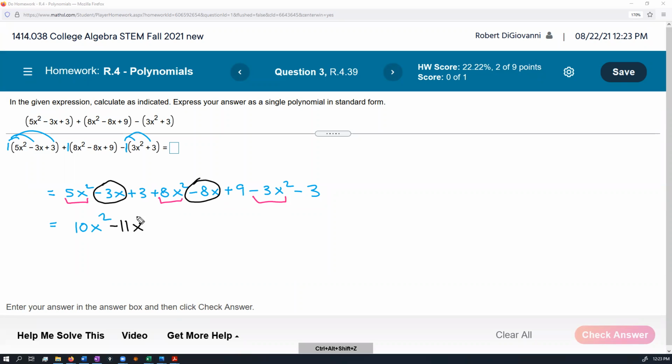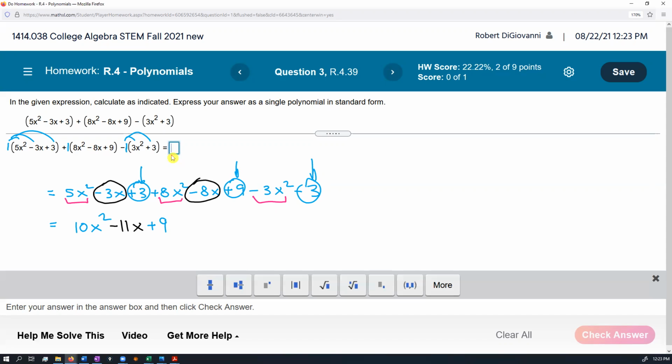And then finally, some numbers, I've got a 3 here, got a 9 here, and I would take away 3. So that should leave me with 9, and that should be it. So we've got 10x squared minus 11x plus 9.